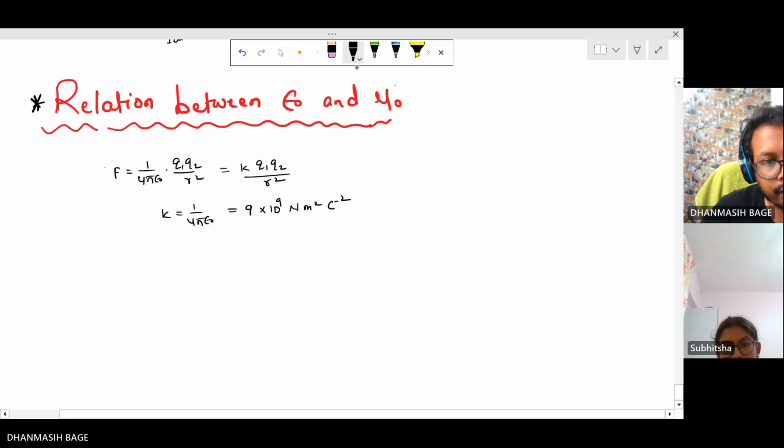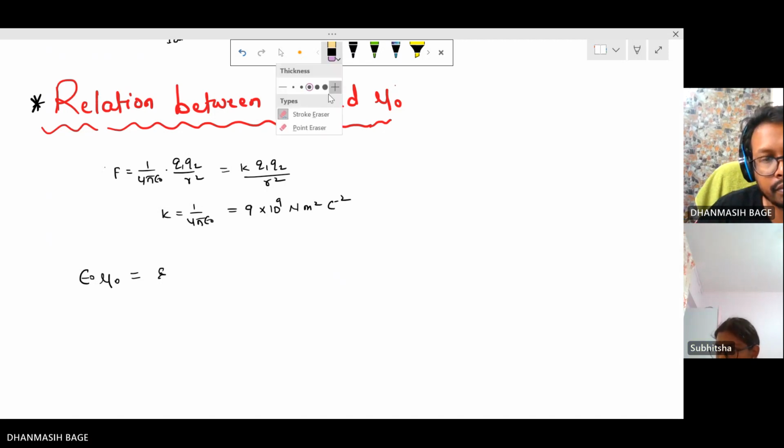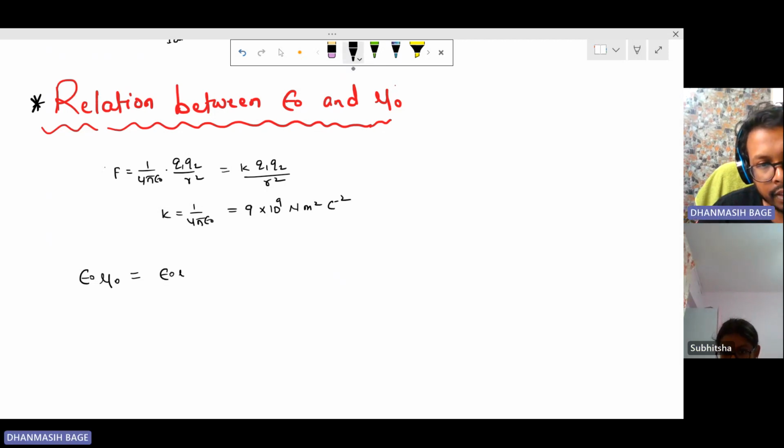In order to find out this thing, mu naught, epsilon naught, if we multiply this, we can do one thing. We can multiply and divide by 4 pi.